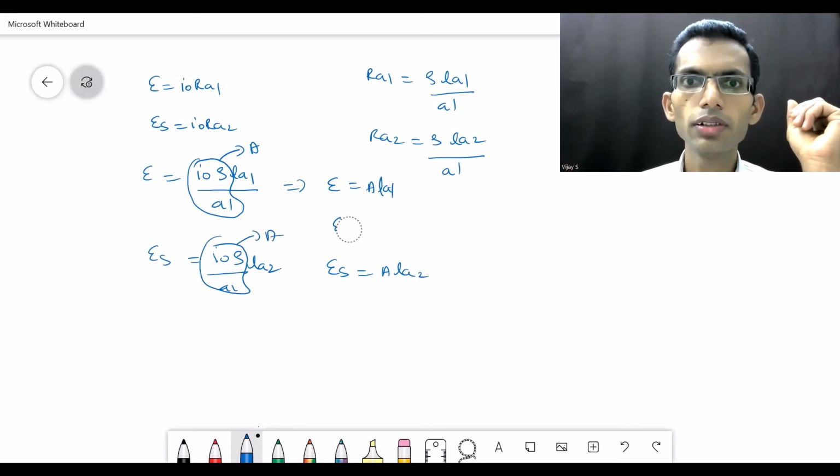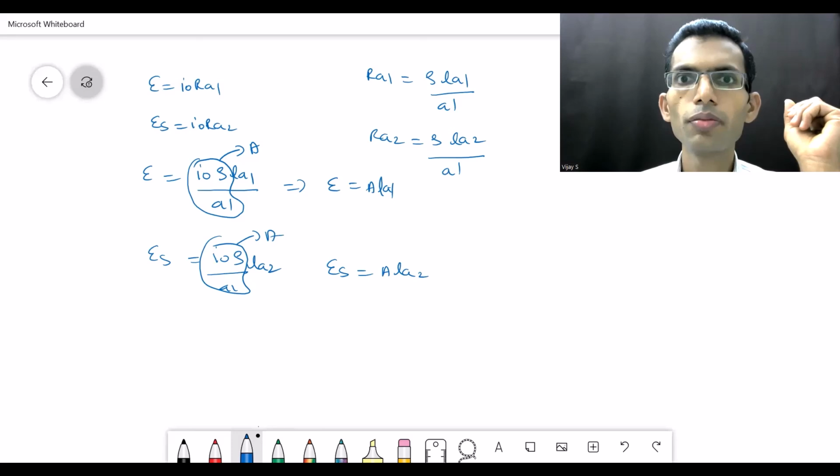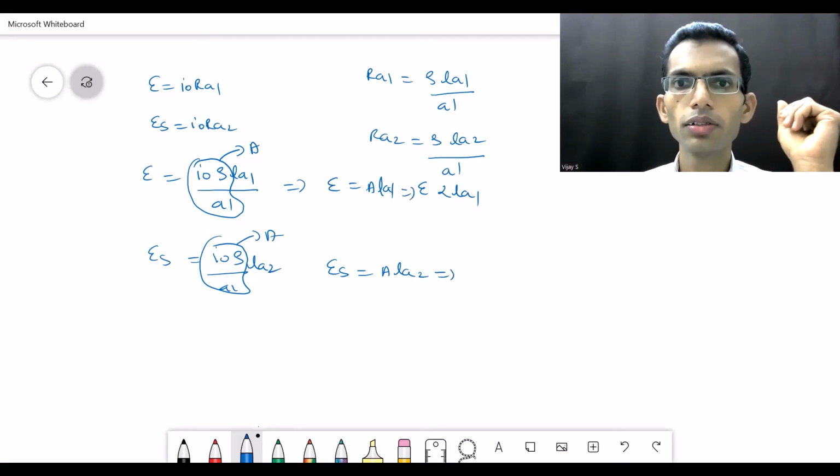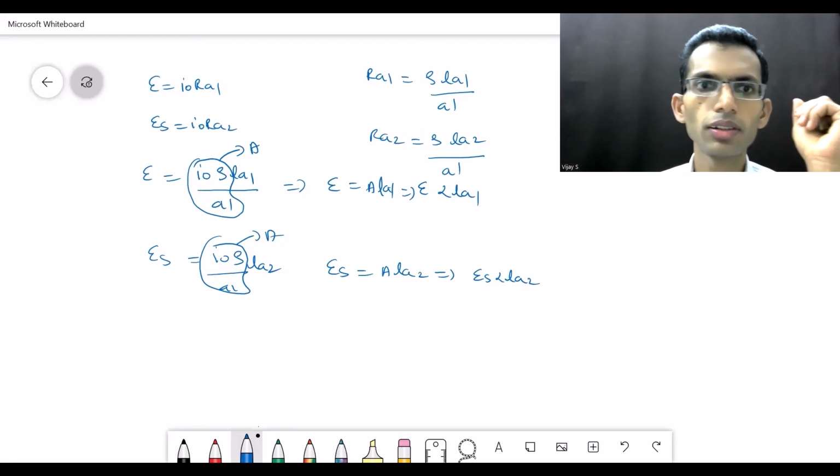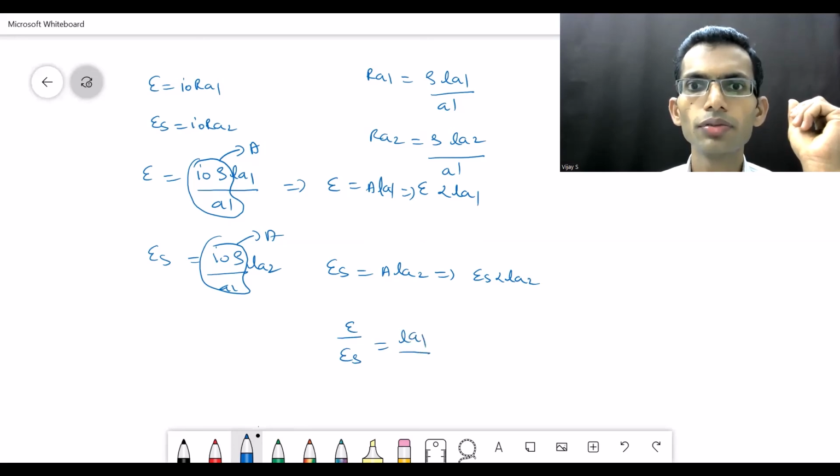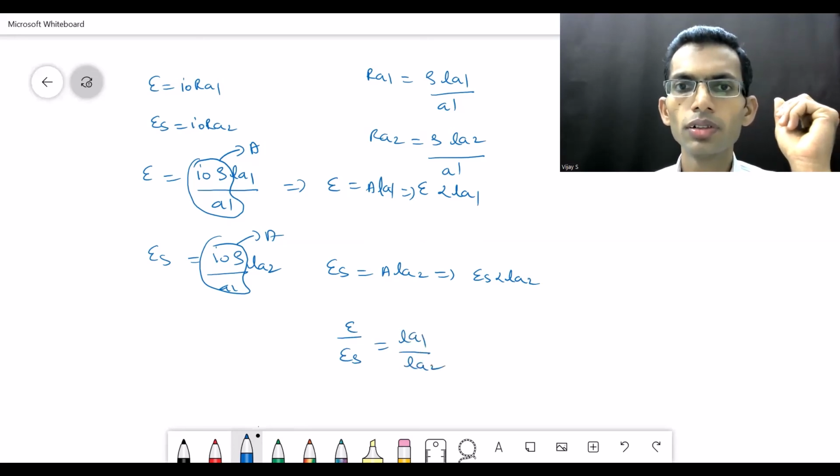So E is proportional to LA1. Here also ES is proportional to LA2. So when we take the ratio, we get E by ES is equal to LA1 by LA2. So E is equal to ES into LA1 by LA2.